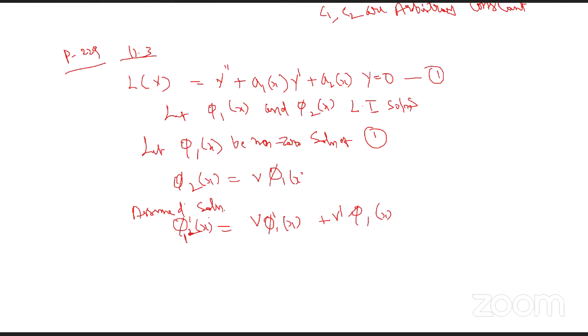Printing mistake is there on page number 229, you have to correct it. That is phi 1 of x, not phi 2. So phi 2 double dash of x equal to V into phi 1 double dash of x plus 2 V dash phi 1 dash of x plus V double dash phi 1 of x.